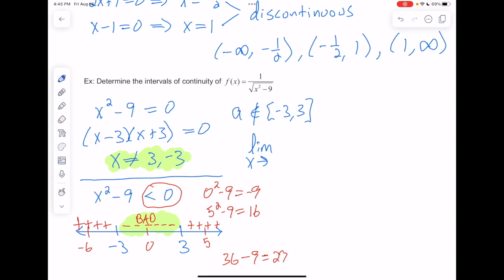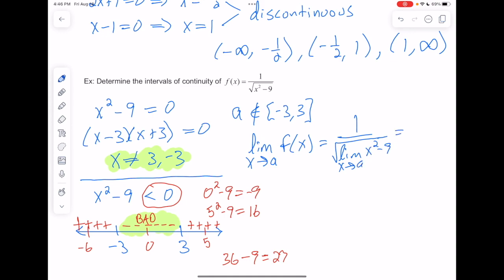So let's suppose a is not an element of negative 3 to 3. Then the limit as x approaches a of f of x is equal to 1 over the square root of the limit as x approaches a of x squared minus 9.